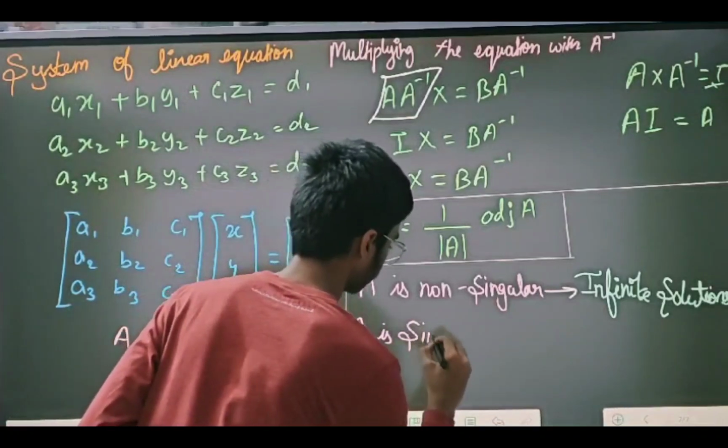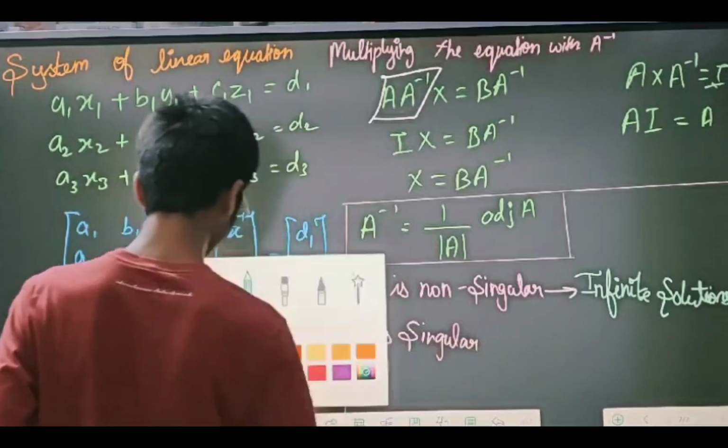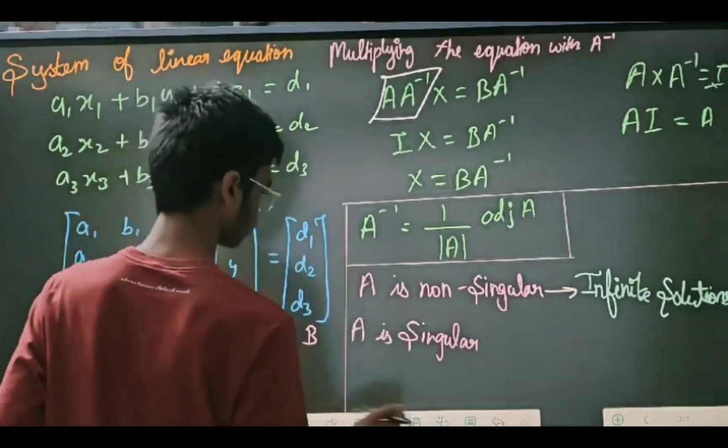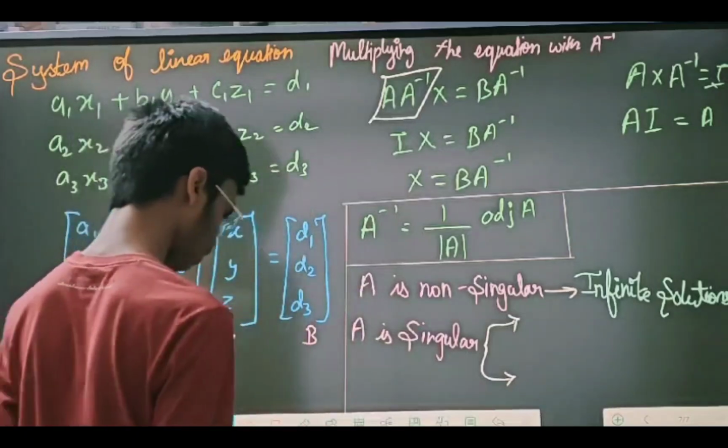Then, if A is singular, that means if the determinant is equal to 0, then you will have two different options. So what are they going to be?